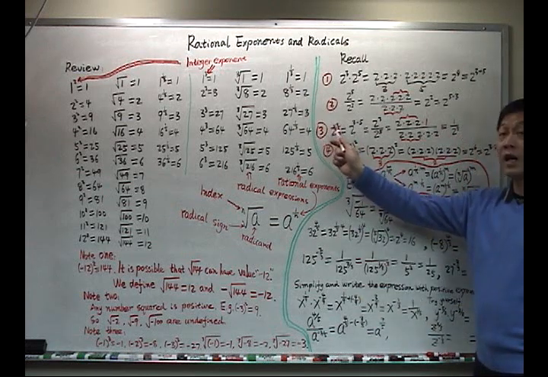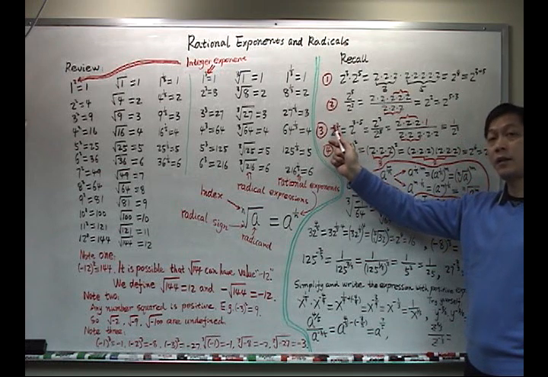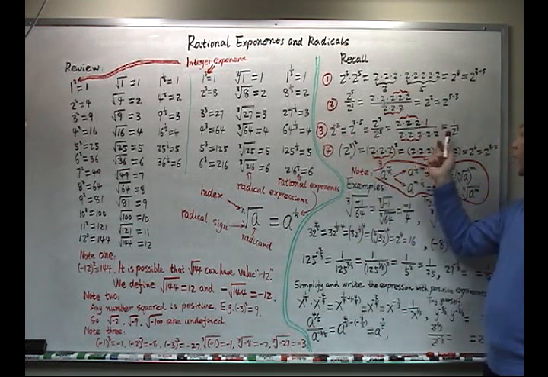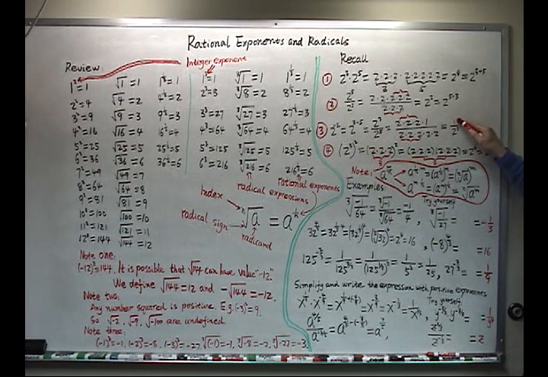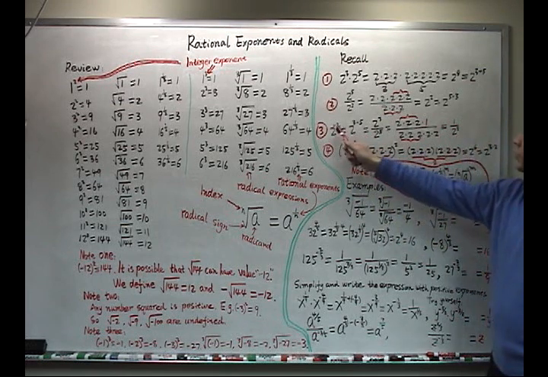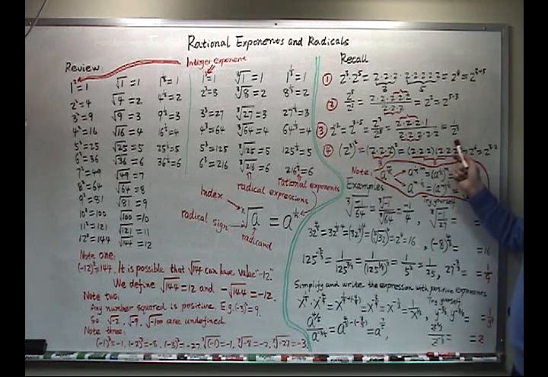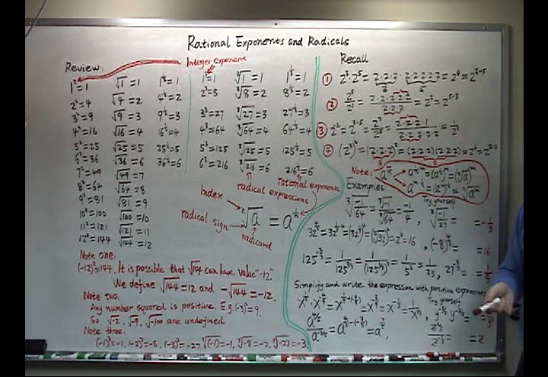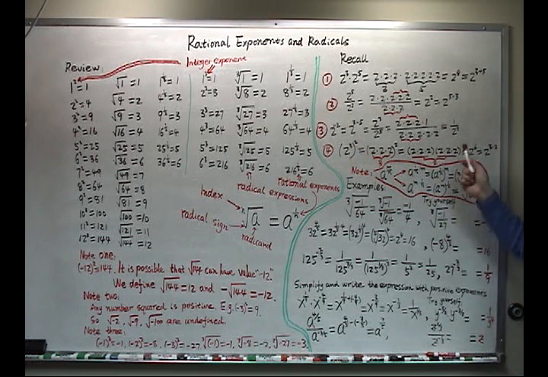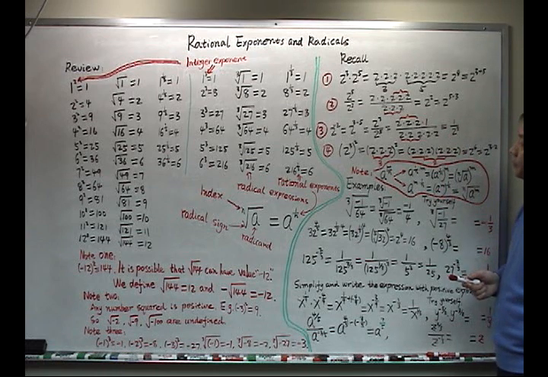This negative sign tells us that if you want to delete it, you put 1 upstairs, and then the negative sign will disappear. That's 2 squared. So 2 squared becomes the denominator, and 1 is the numerator.